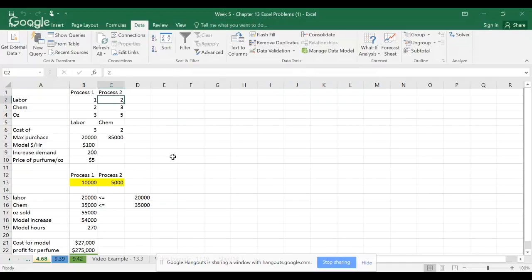For 2 units of labor, 3 units of chemicals into 5 ounces per frame. Okay. $3 to purchase labor, $2 to purchase chemicals. Next purchase. Could you move it over? Oh, yeah, sorry about that, guys.